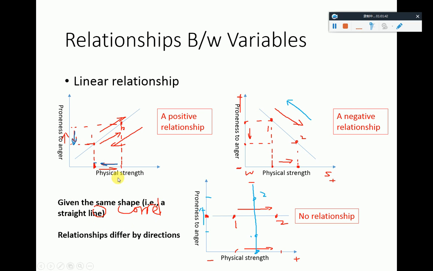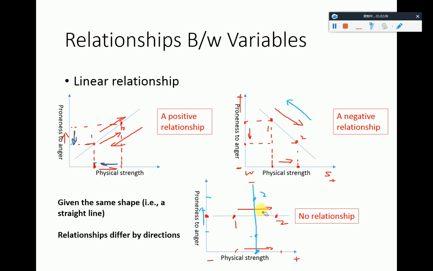So now we can have a sort of a conclusion here. That is, even with the same shape, all these three relationships, they're all linear relationships, right? It's a straight line.